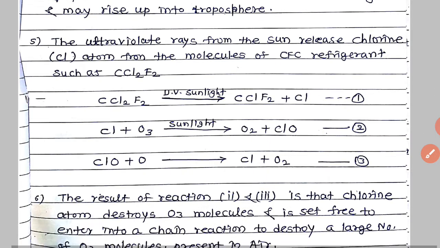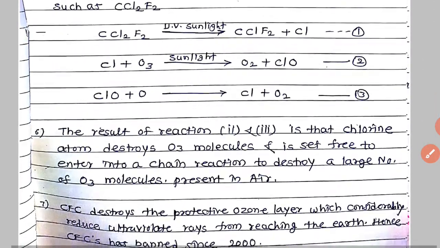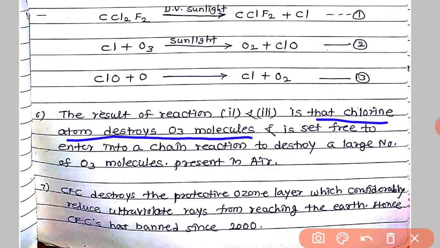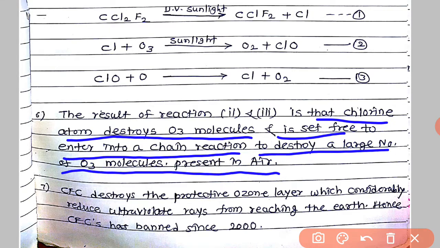See here the result of the reactions. The result of the second and third reactions is that the chlorine atom destroys O3 molecules and is set free to enter into the chain reaction. So the chlorine atom enters into the chain reaction to destroy a large number of O3 molecules present in the air.